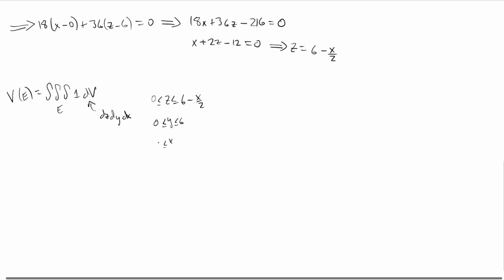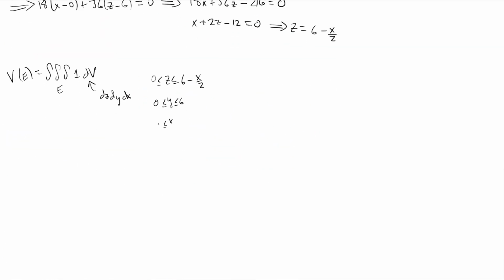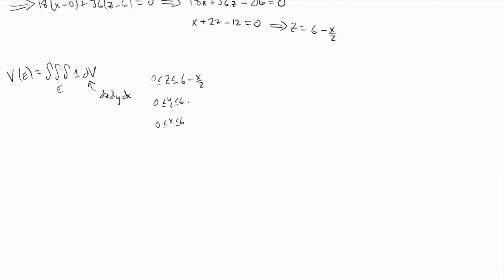What are the bounds on x? Well, it's the same story. The minimum value of x is 0, and the maximum value that x can be is 6. So 0 to 6 already. And this is why I was saying earlier that x and y are interchangeable, because there are regular integers on x and y.